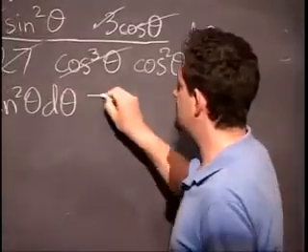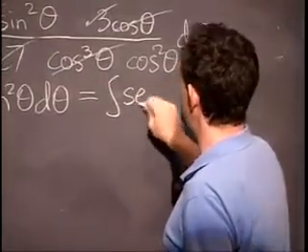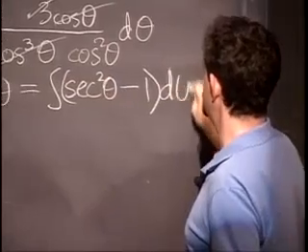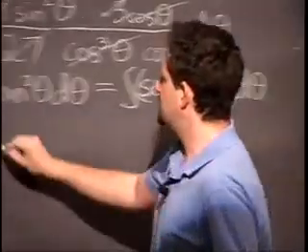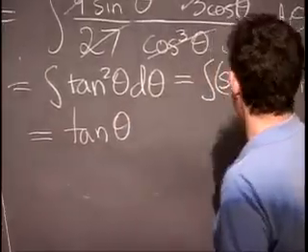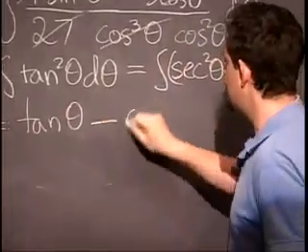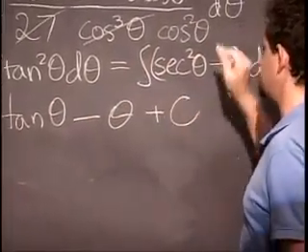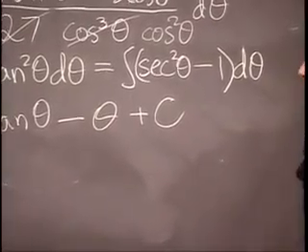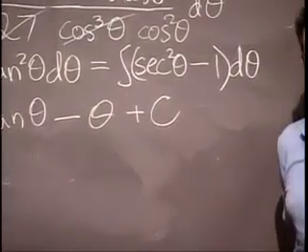This one worked out to be secant squared minus 1. Well, that's what you had to do. And then the integral is tan theta minus theta plus a constant. Well, that's great. We've solved the integral, but we're still in theta land.